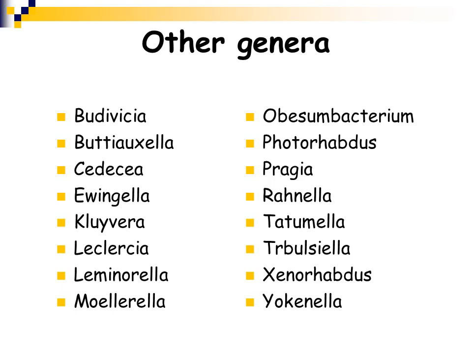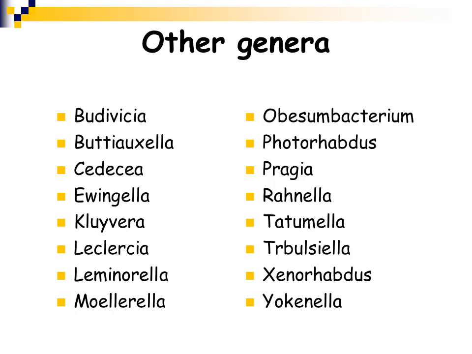And there are numerous other genera in the Enterobacteriaceae family. They include Budvicia, Buttiauxella, Cedecea, Ewingella, Kluyvera, Leclercia, Leminorella, Moellerella, Photorhabdus, Pragia, Rahnella, Tatumella. There's many organisms, as I said, in the Enterobacteriaceae family.